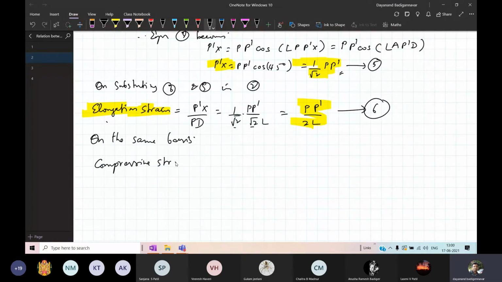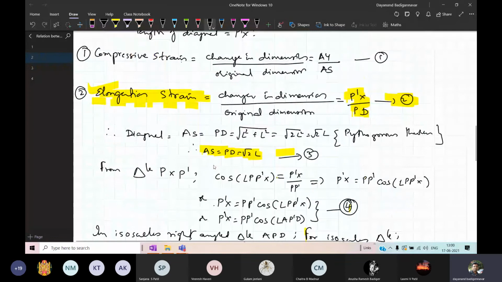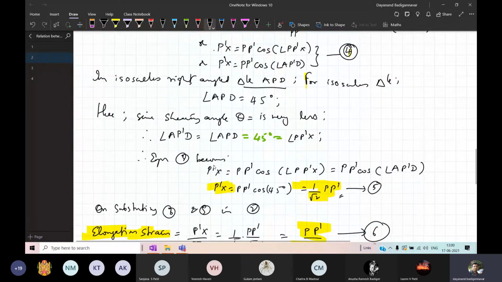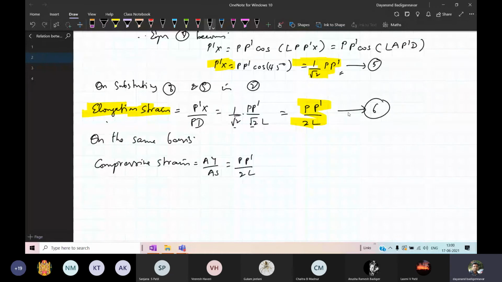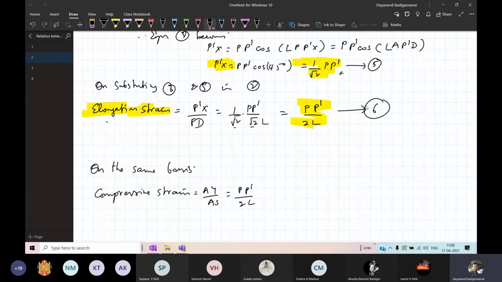What is the equation for it? The compressive strain is AY by AS. If you do the calculation, that will give you again P dash by 2L. Now there is one interesting modification to it.